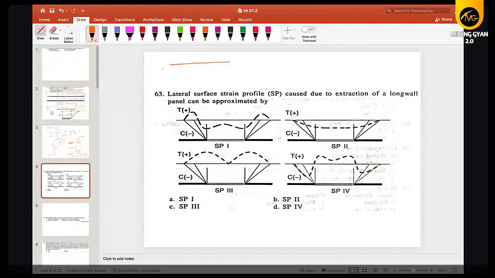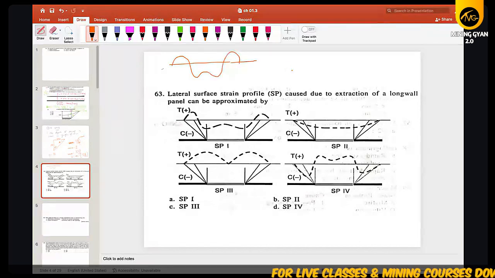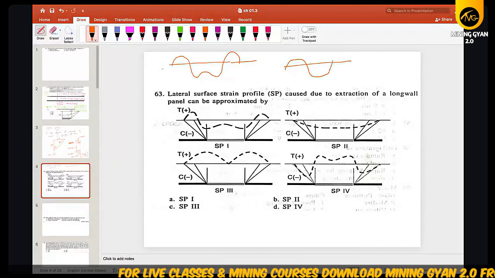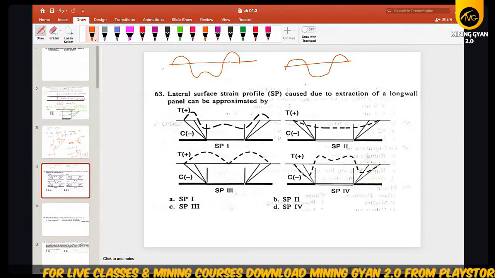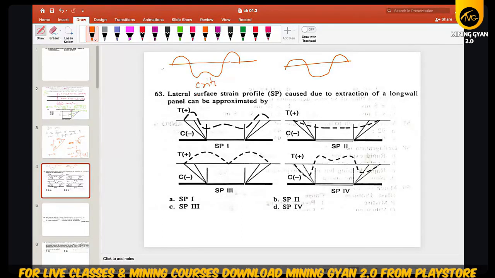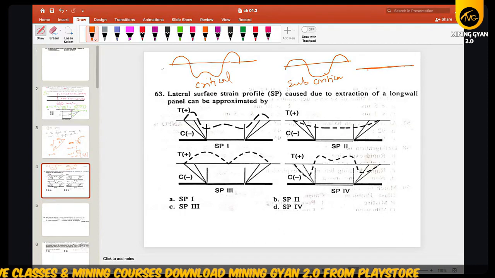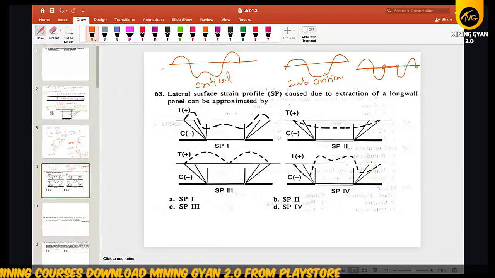This is the critical graph, this is the subcritical, and in the supercritical, this type of graph.